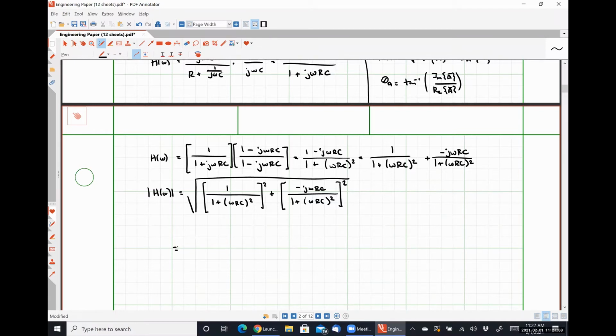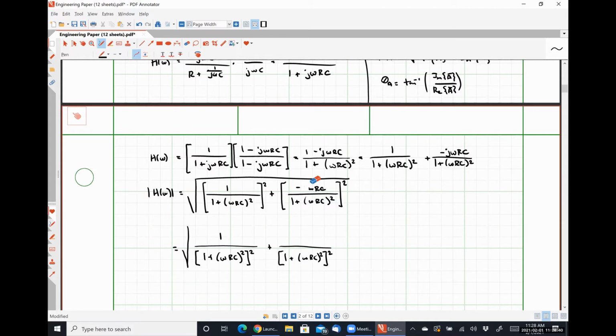So I'm going to have omega RC squared, this whole quantity squared. Oops, I'm sorry. The imaginary part should not include the j. It should just have negative omega RC.